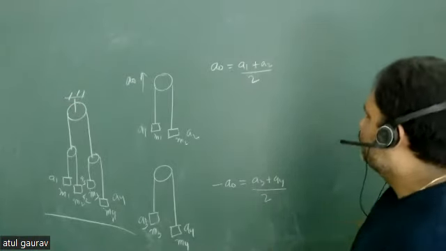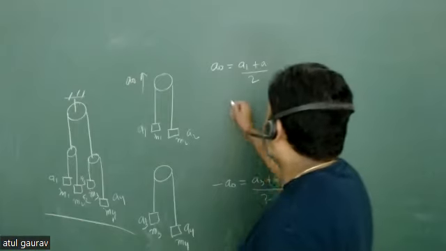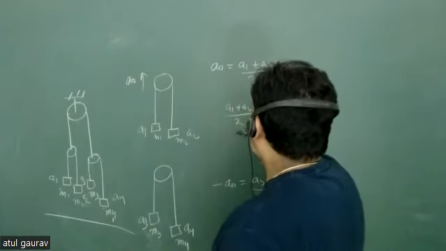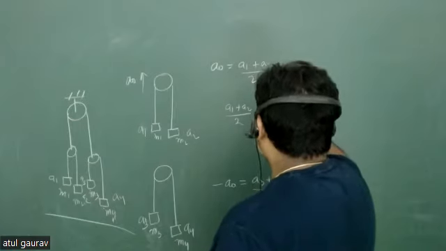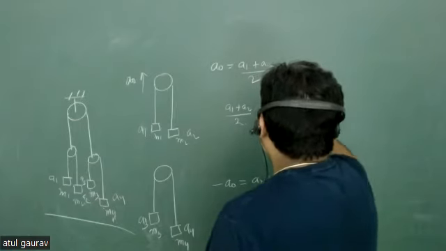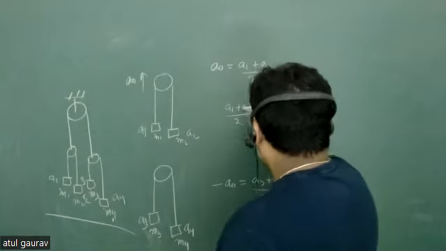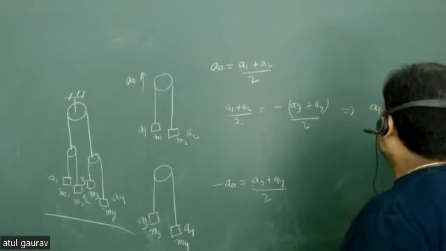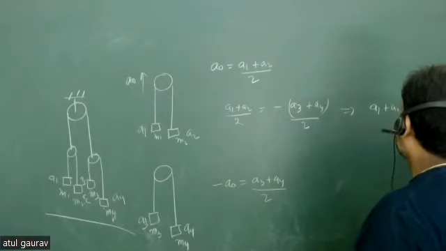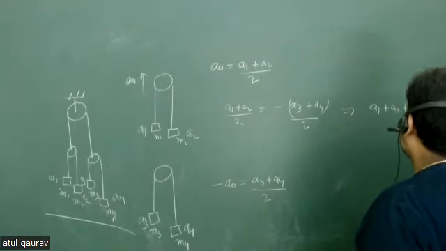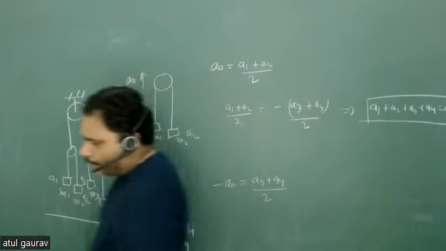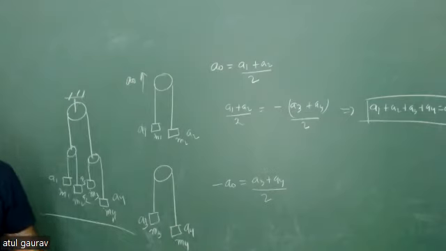And from here you can conclude that A1 plus A2 by 2 must be equal to minus A3 plus A4 by 2. And from here, you have a very beautiful conclusion: A1 plus A2 plus A3 plus A4 is equal to 0. Yes? It will be done, right?